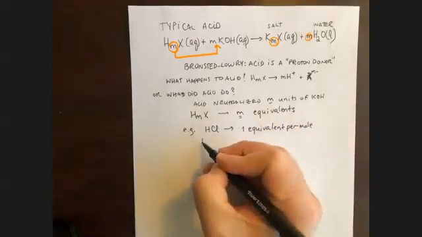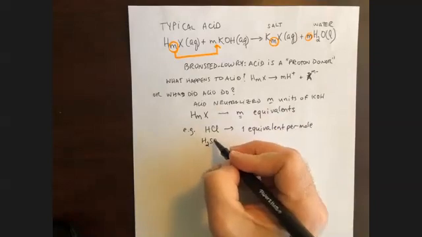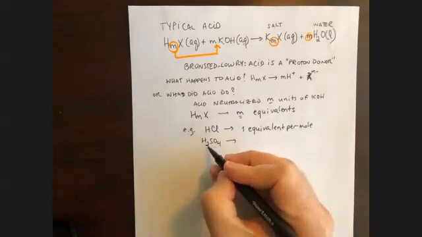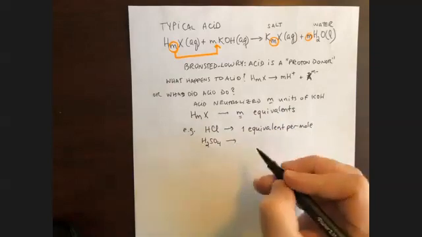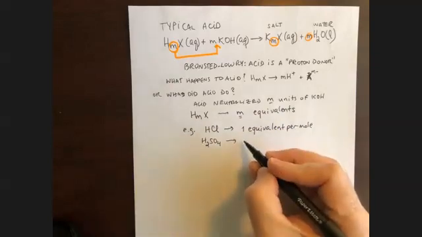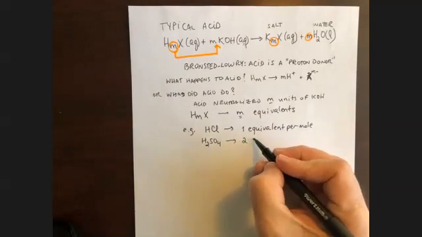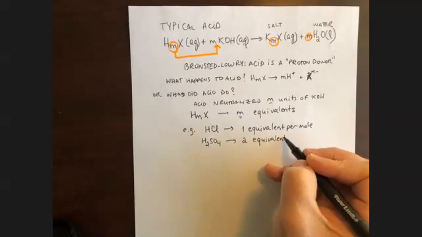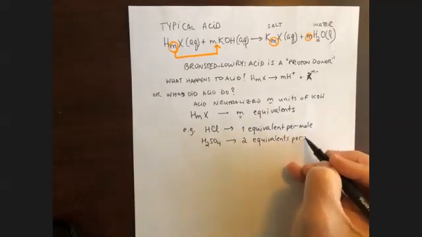On the other hand, sulfuric acid that we have encountered before has two hydrogens that it can transfer, and therefore it can neutralize 2 units of base, or we would say that there are 2 equivalents per mole of sulfuric acid.